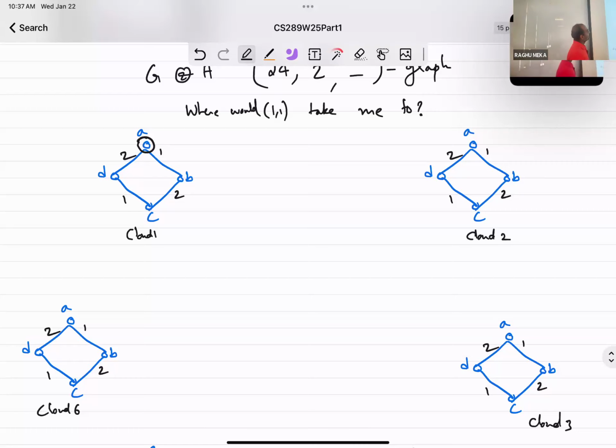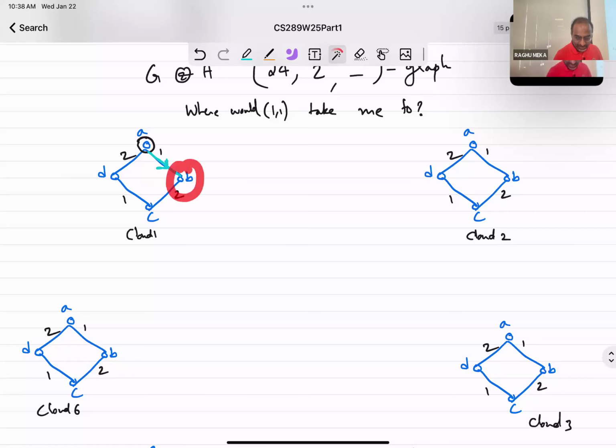So first, I need to do a K1 step in the cloud. Okay. So what does this mean? I should go from here to here. Okay. And then I have to jump across clouds. But how do I jump across clouds? I should take a jump in G according to the vertex indexed by the copy in H, right?